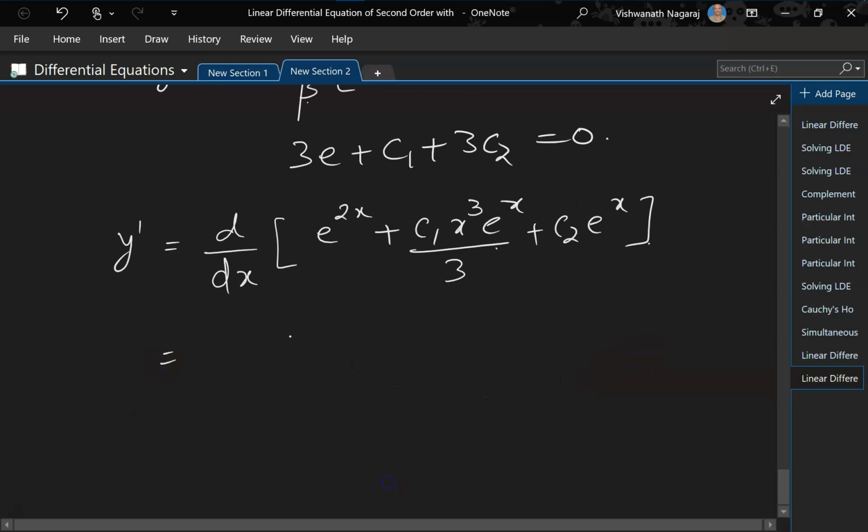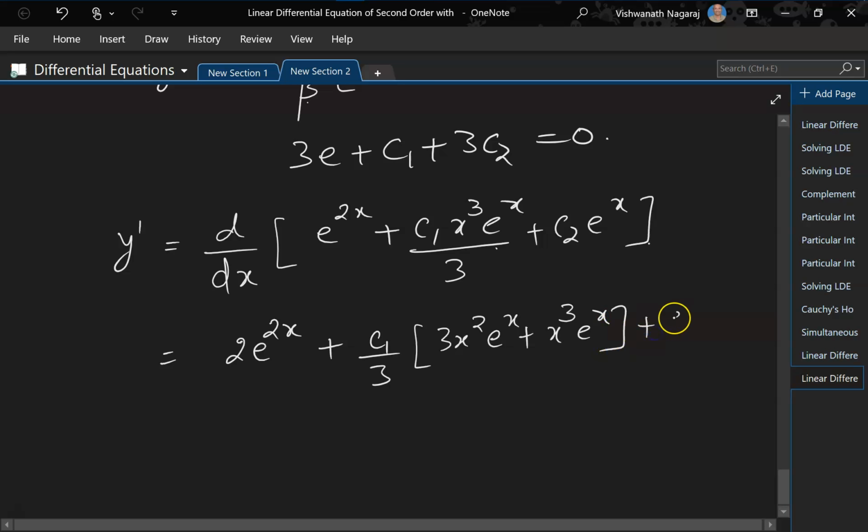So let's differentiate this. We get 2e^2x plus c1 by 3, and we have to apply the product rule: 3x square e to the power of x plus x cube e to the power of x, plus c2 e to the power of x.